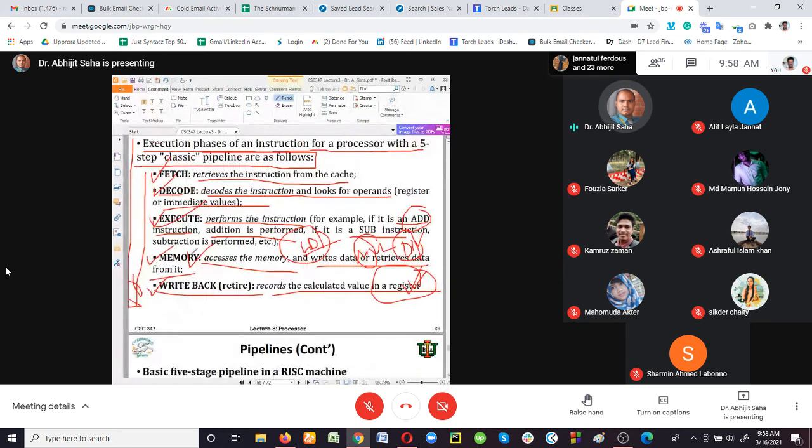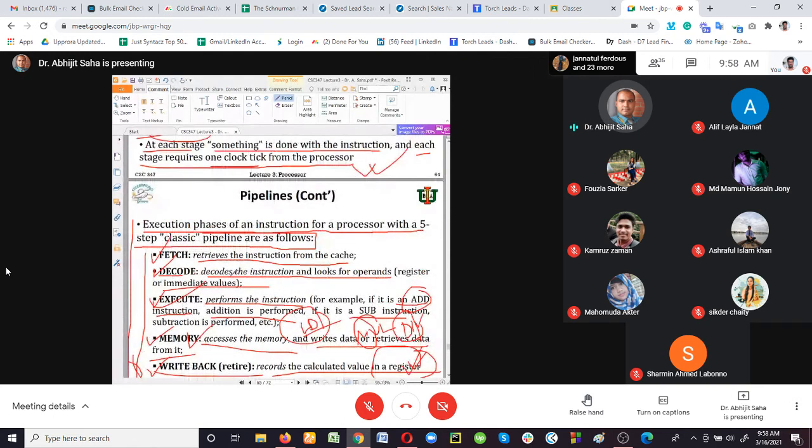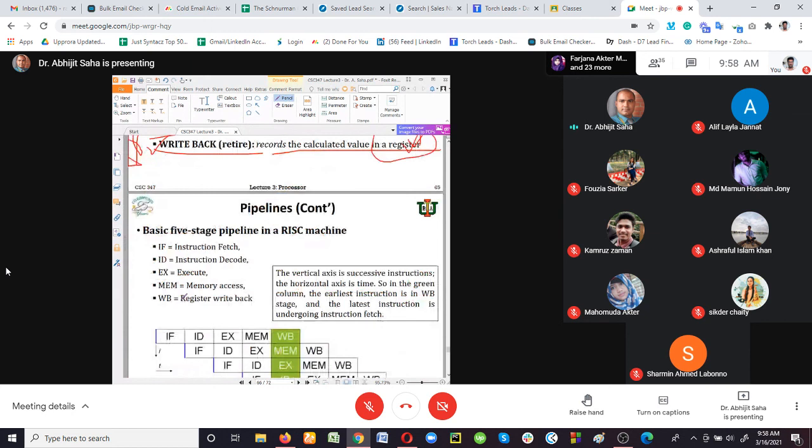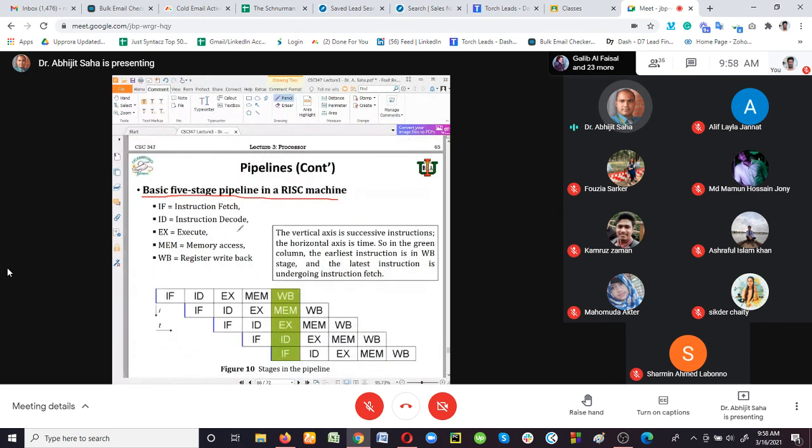So these are my 5 steps, the classical pipeline that I'm talking about, and now I know what the 5 steps are, what their work is, and what exactly happens in these 5 steps. Now here is an example of a basic 5 step pipeline in a RISC machine. You can see the pipeline stage names here in short form.